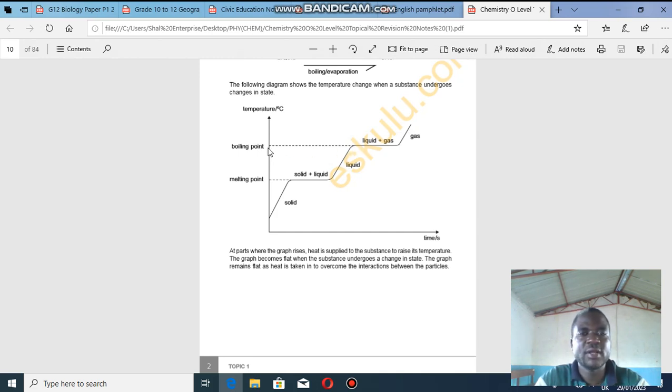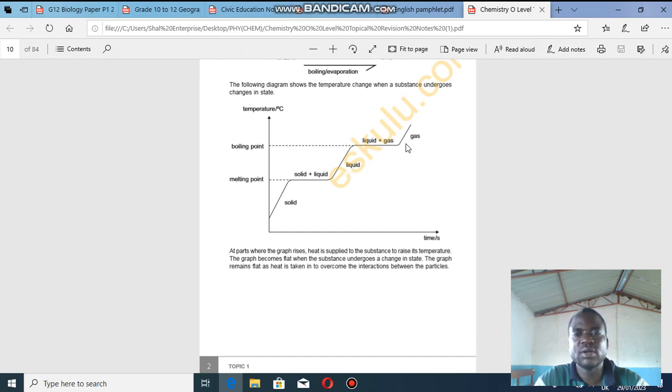From here, this line is showing the boiling point. From the melting point horizontal line up to this horizontal line, the substance has completely changed into a liquid.